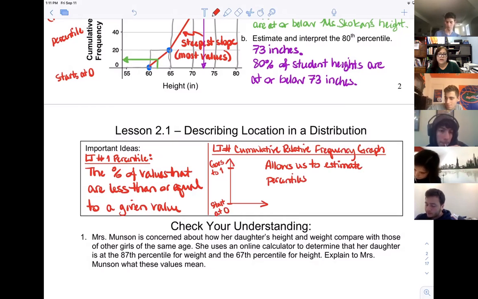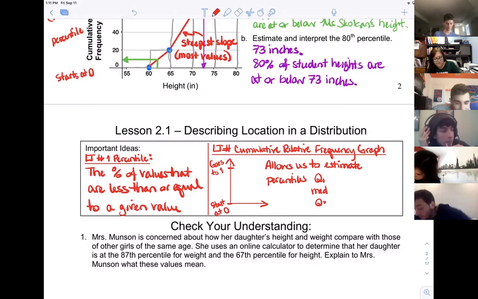So having said that, it allows us to estimate percentiles, I want you to think about what we learned about last time when we used this set of data, and that was the box plot. So we learned all about the Q1, the median, and the Q3 that are in our 5-number summary. And now we know that that means that the data is broken up in chunks of 25% each. So we're going to say that the quartile 1 is located, and notice it's called quartile.